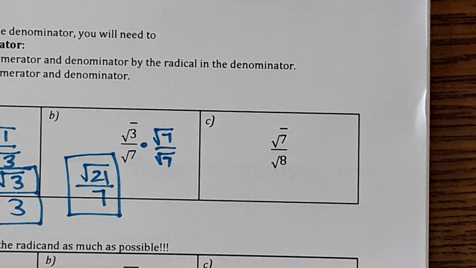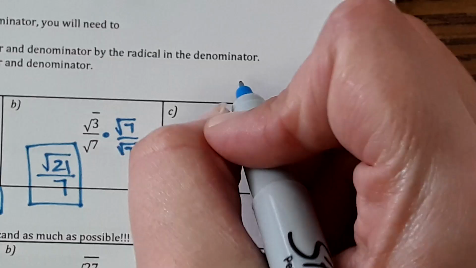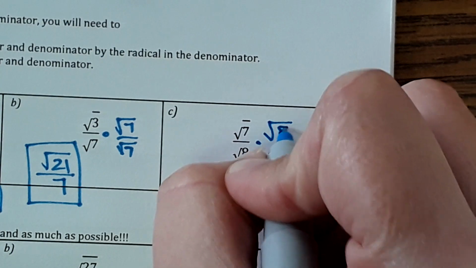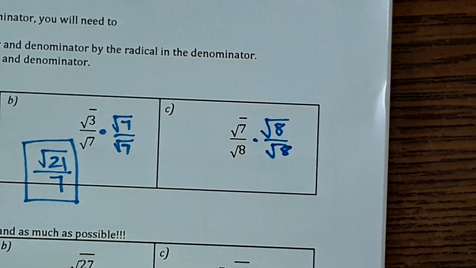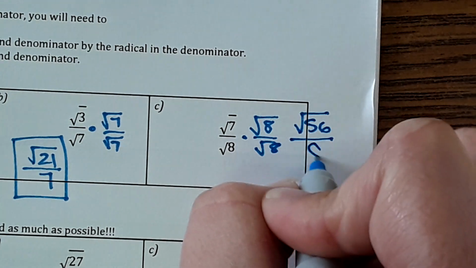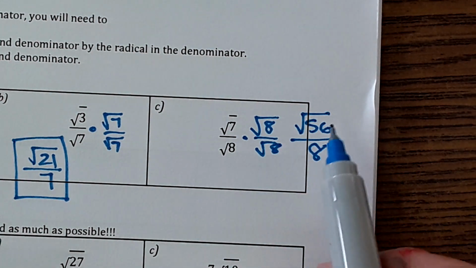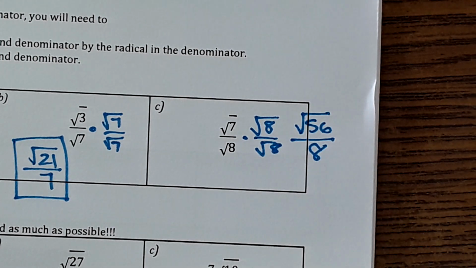Okay, and C, there's different ways you could do C. You could break up 8 if you wanted to first, or you could just multiply square root of 8 over square root of 8. We get square root of 56 over 8. Square root of 56 can be broken up.